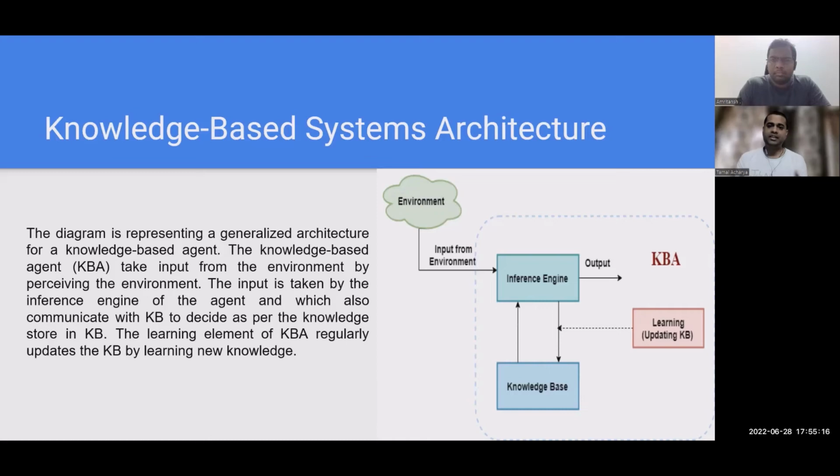The input goes to the inference engine, which also communicates with the knowledge base to decide what knowledge is stored in the KB. The learning element regularly updates the knowledge base by learning new knowledge. This is the entire cycle, similar to what I said, but a more granular, layman representation of the knowledge base system architecture.